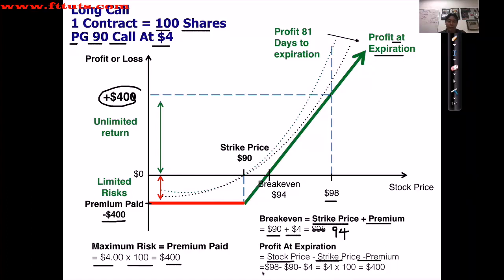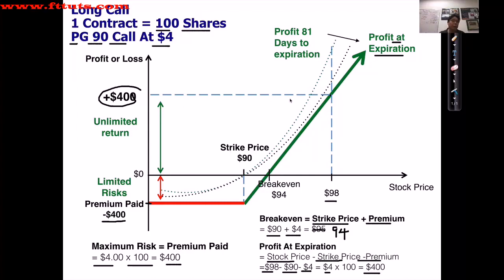So see, $98 minus $90, $8 intrinsic value. But we have to deduct $4 because of the premium that we pay. So 98 minus 90 minus 4 is $4. Multiplied by 100 shares, our profit at expiration will be $400.